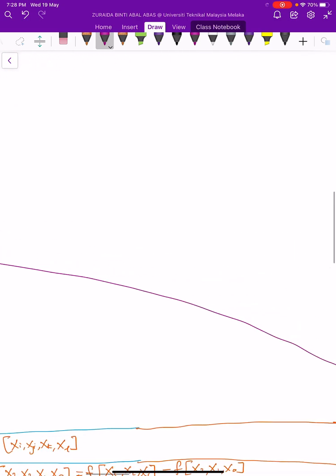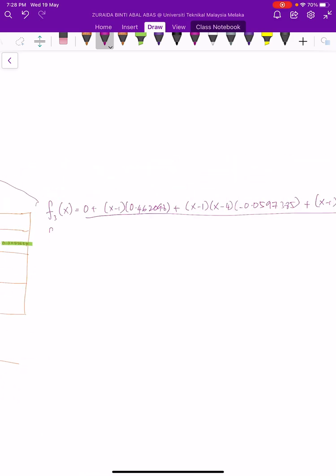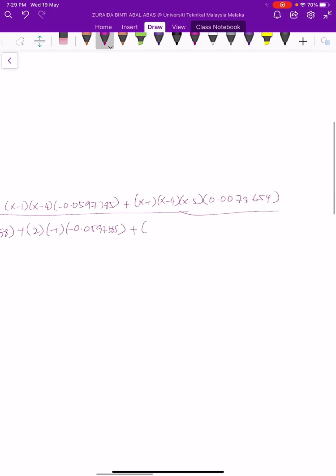Now when we plug in the value we want to evaluate, which is x equal to 3, we get 3 minus 1 times 0.462098, plus 3 minus 1 times 3 minus 4 times the second divided difference, plus 3 minus 1, 3 minus 4, 3 minus 5 times the third divided difference.